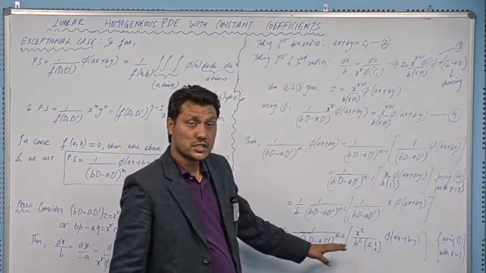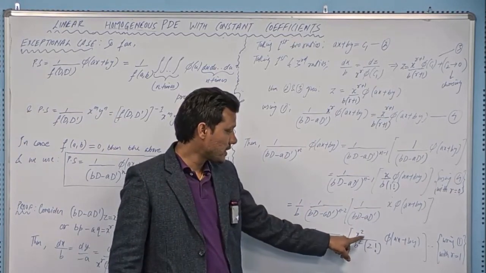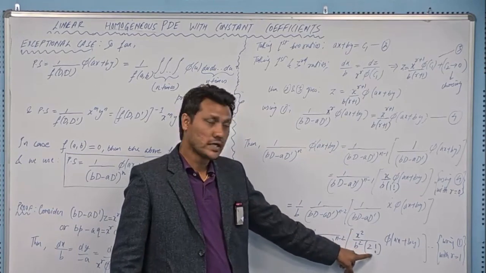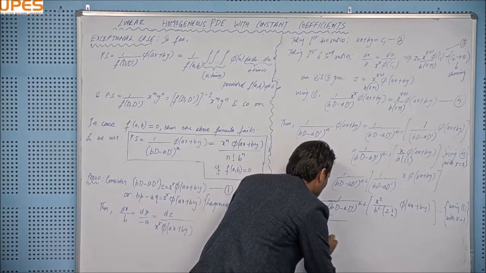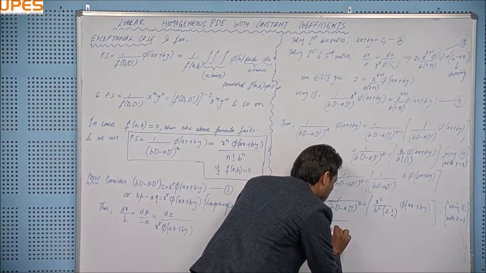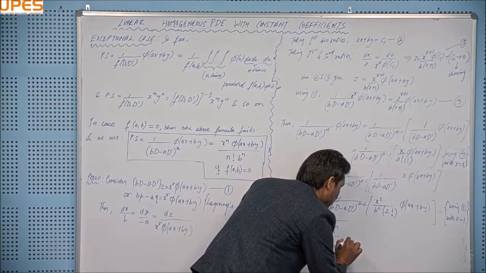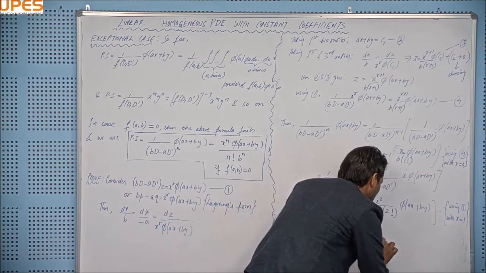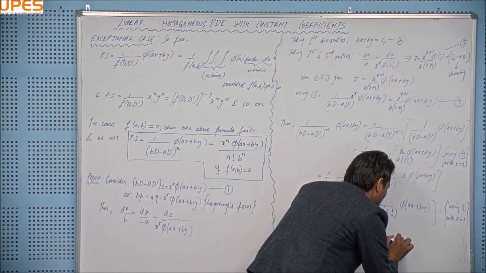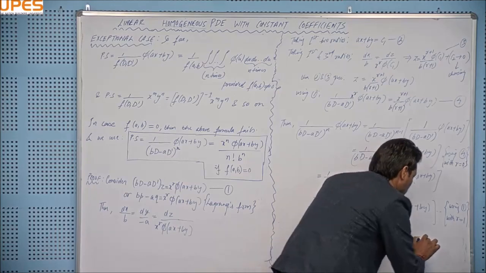So applying this process repeatedly n times, ultimately I will get x to the power n, b to the power n into n factorial, because this operator has to be operated n times. So it equals x to the power n upon b to the power n factorial, phi of ax plus by, using equation number 4 repeatedly.